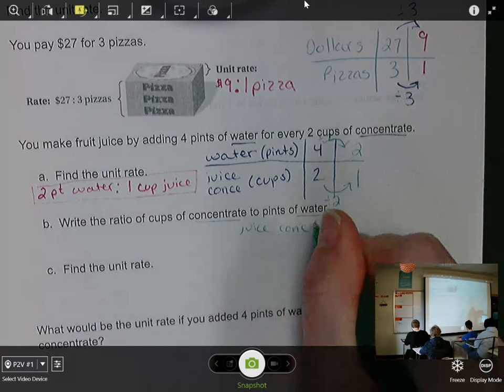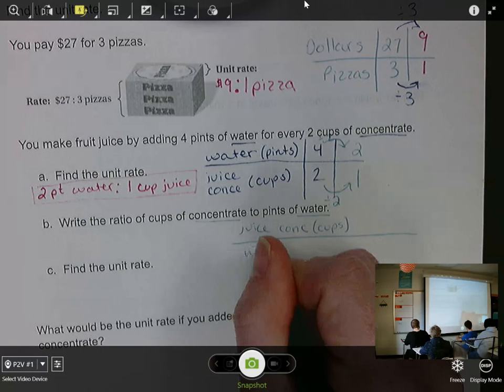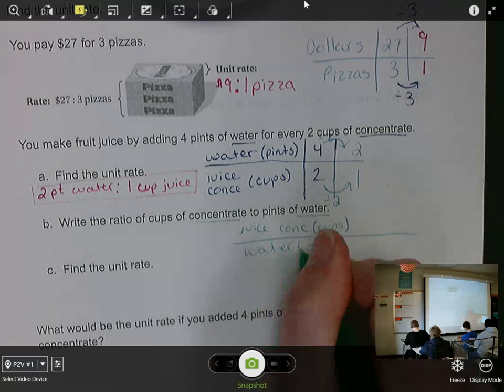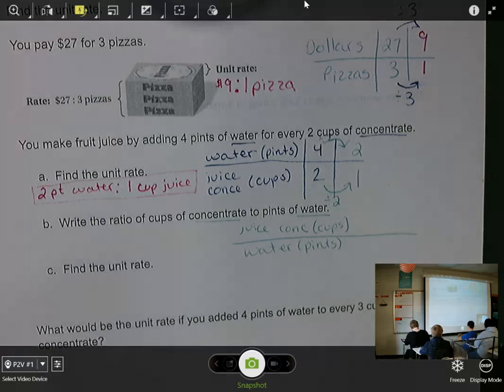And juice concentrate was in cups. And water would go on bottom, and that's in pints. Okay? So notice they're wanting us to pretty much do the exact same thing. However, instead of doing water to juice, they want us to do juice to water. So our unit rate could possibly change.